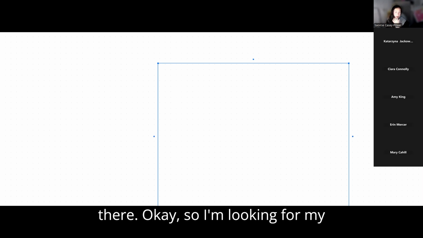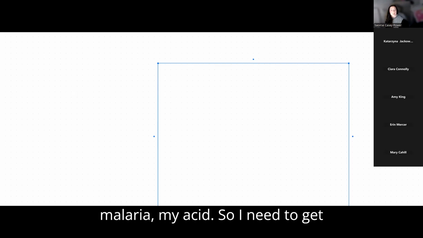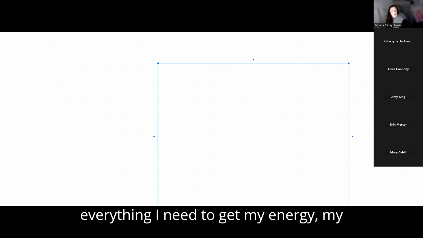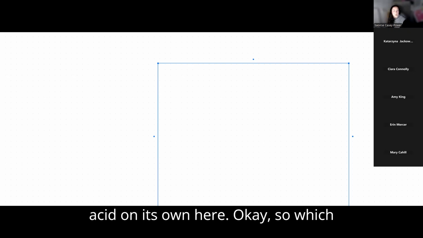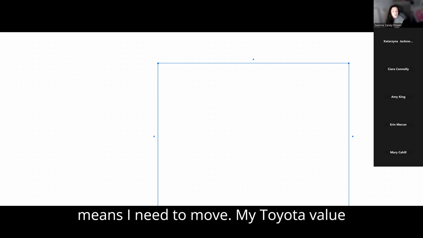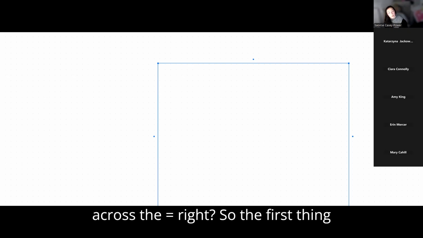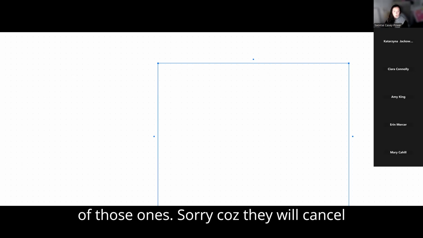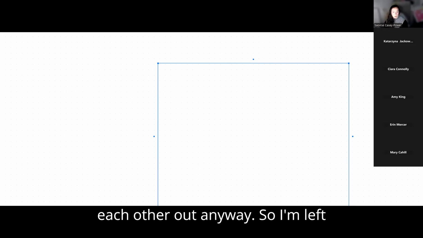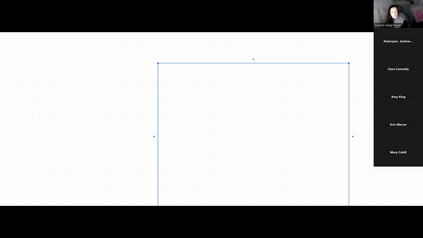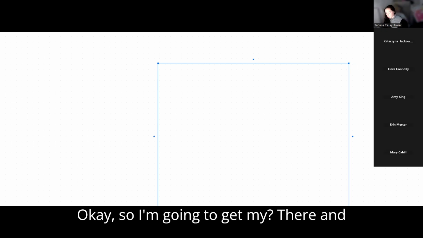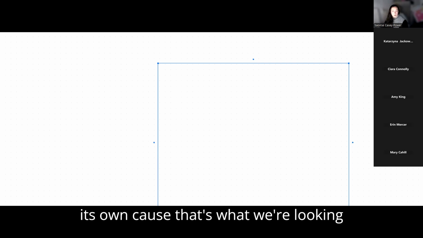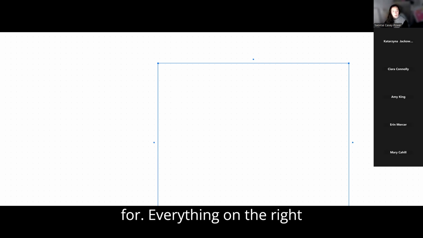I'm looking for my molarity of my acid, so I need to get my molarity of my acid on its own here. Which means I need to move my titer value across the equal sign. The first thing I'm going to do is get rid of those ones, because they'll cancel each other out anyway. So I'm left with this equation here. I'm going to get my question mark on its own because that's what we're looking for.